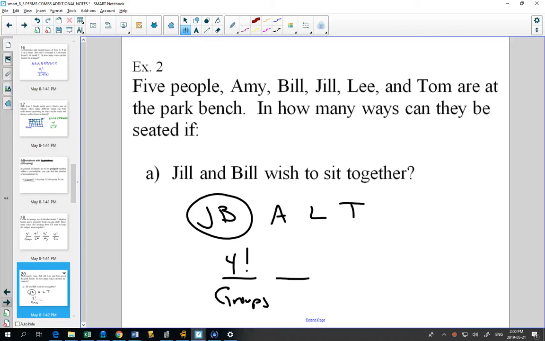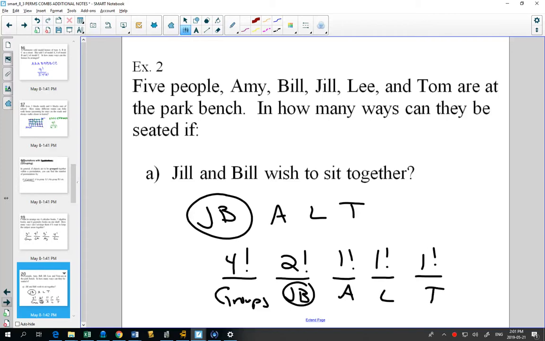The Jill Bill group could be Jill Bill or Bill Jill, 2 factorial ways. You could do the other groups with 1 factorial if you wanted, or you could leave this part out. It wouldn't be necessary. But this is going to be 24 times 2, 48 ways with the Jill Bill.